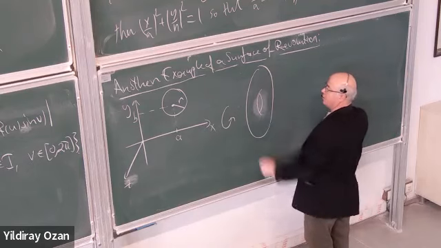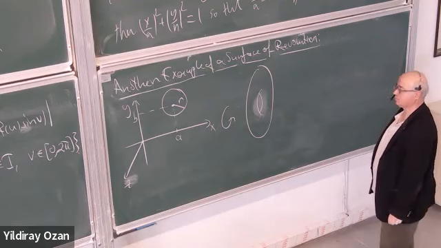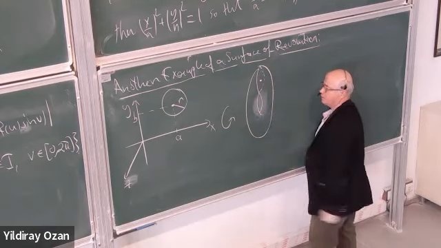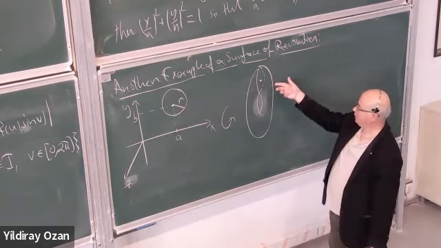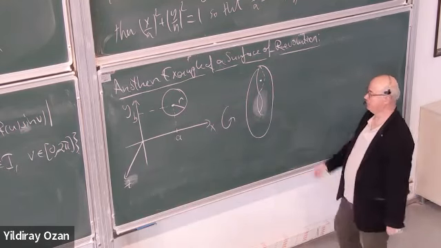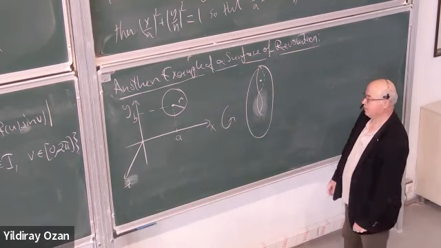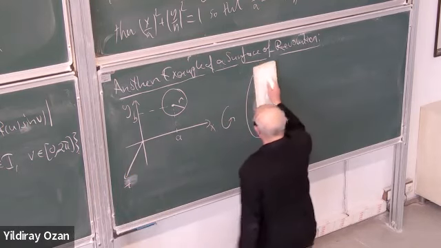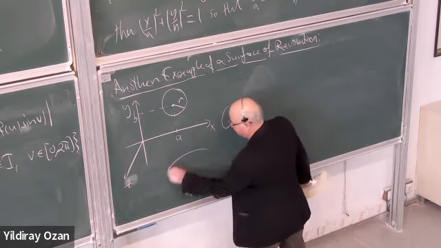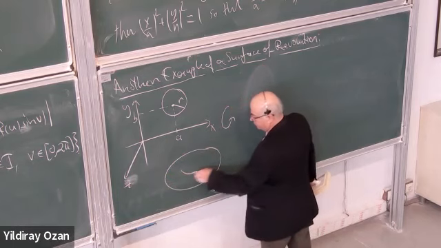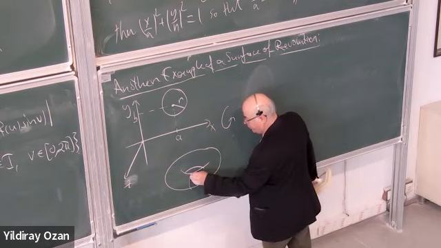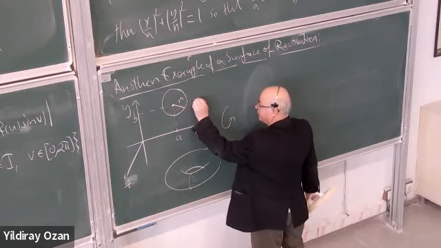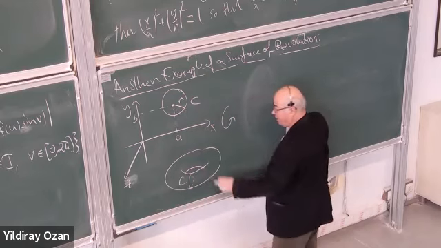So this is the circle here. Maybe instead of drawing it like this, it would be better to draw it this way. Okay, so I have this circle here, let's say C, and it is rotated about the x-axis.